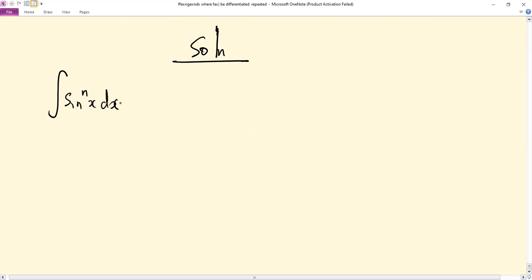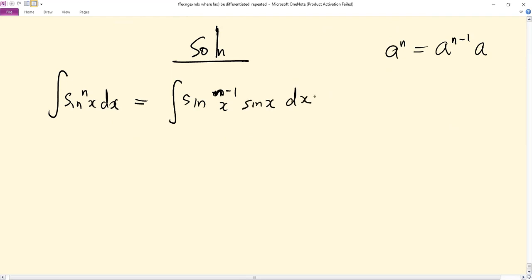Now this is the integral that we have. You see, sine power n can be written as sine power n minus 1 times sine power 1, or just sine. So we'll split this integral as sine power n minus 1 x times sine x dx.